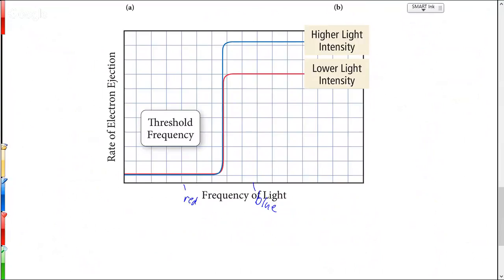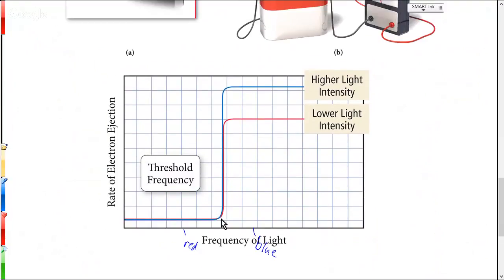You shoot more red light at it and nothing happens. You have a super intense amount of energy of red light being shot at this metal and no electrons are being emitted. Then you switch it to blue light, just a little bit of really dim blue light, and all of a sudden the electrons are ejected. The red light didn't do it, but the blue light did. And now it works like you'd expect: the more light you put in, the more electrons get ejected. So there's this threshold frequency where any light that's lower energy or higher wavelength doesn't eject the electrons, even when you put a ton of it in.